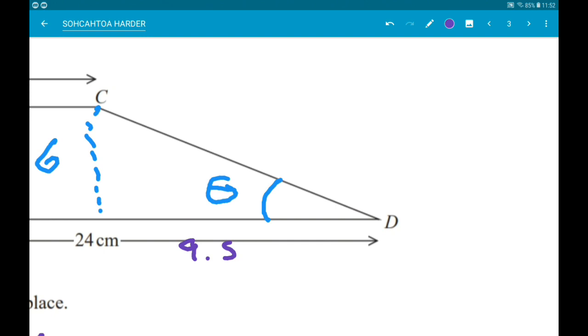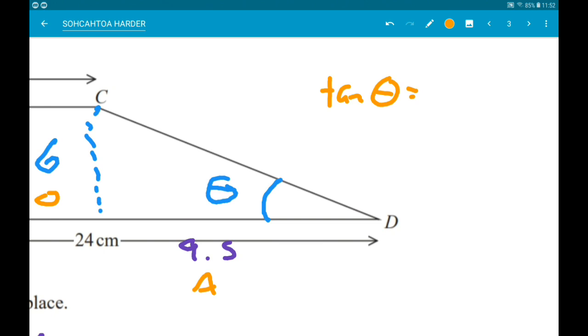So now we can play SOHCAHTOA, because we want an angle, we have two sides. So, with reference to the angle, we have the opposite and adjacent. So, is it SOH, CAH, TOA? TOA, bingo. So, TOA tells us tan theta is the opposite over the adjacent.